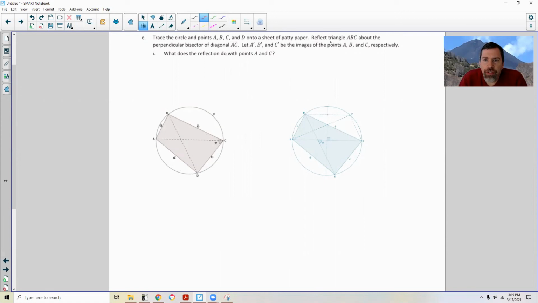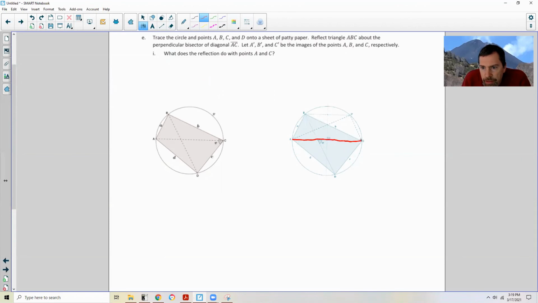Then it says to reflect triangle ABC about the perpendicular bisector. For starters, I'm not going to draw this with my straight segment tool because it's just off of vertical and it will snap, so this is the best I can do.